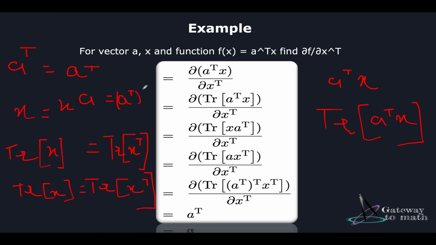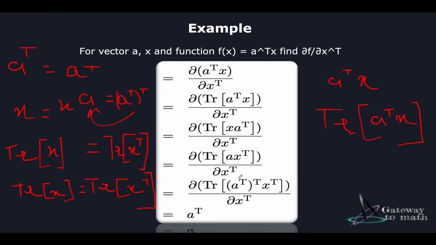If you transpose the same vector twice, it gives you the original vector back, right? So can I write this a as transpose of a, times its transpose, and then transpose of x is intact, and then we are finding the partial derivative with respect to transpose of x.